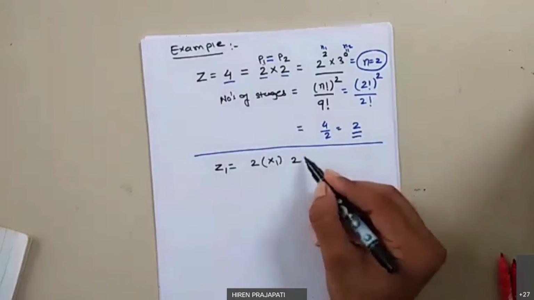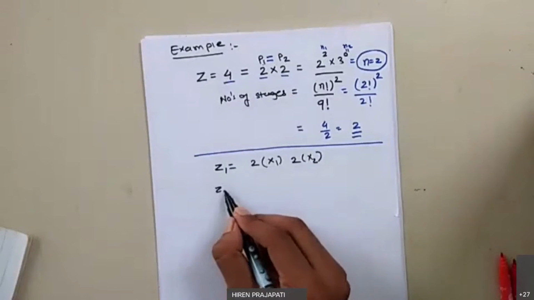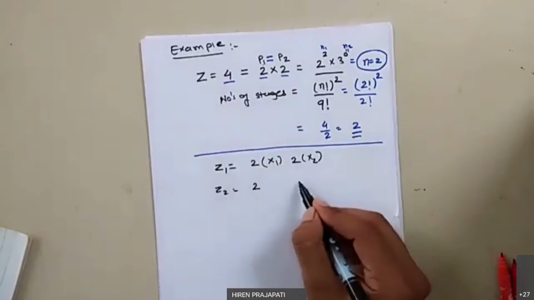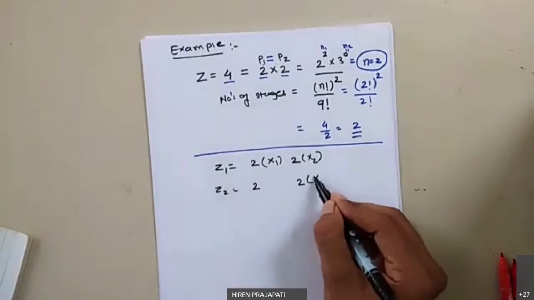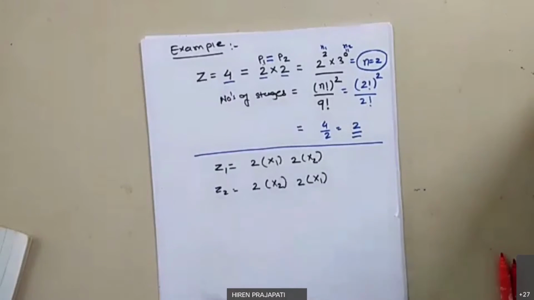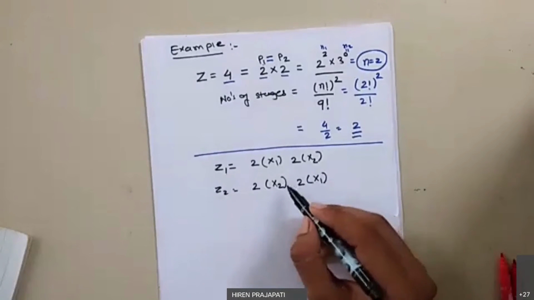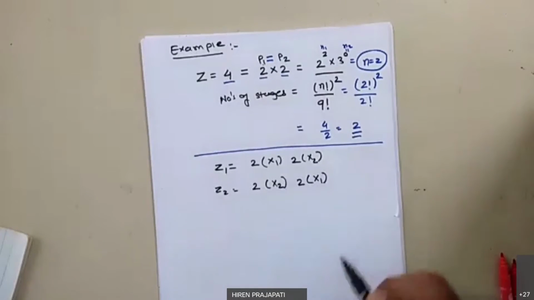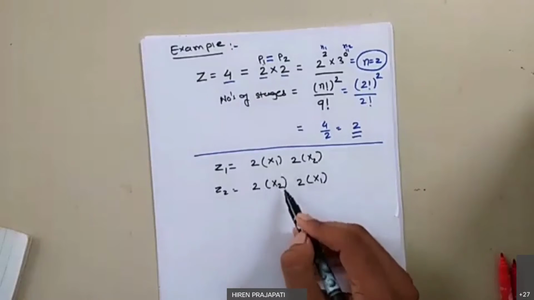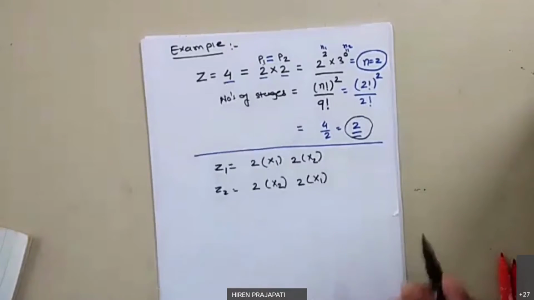So this is x1 and here I'll write x2. Similarly, the second possible structure equation is 2, 2, but this time I am writing x1 here and x2 there, right? Today we'll discuss in more detail what x1 and x2 are. So these are the 2 possible structure equations for a 4-speed gearbox, right?